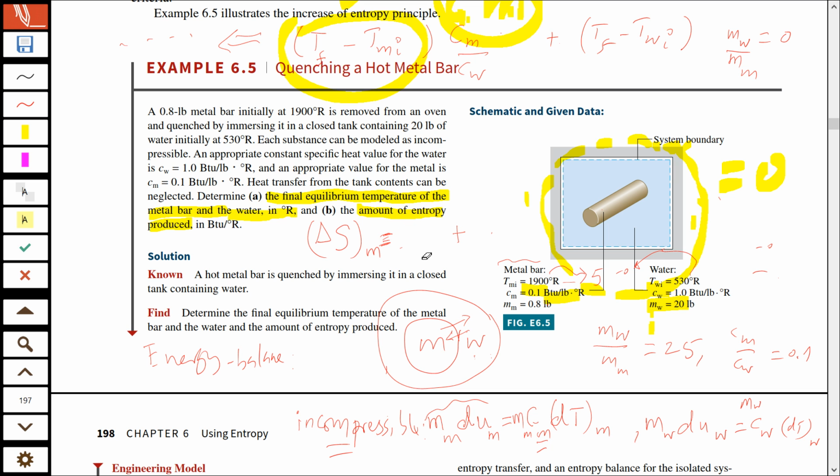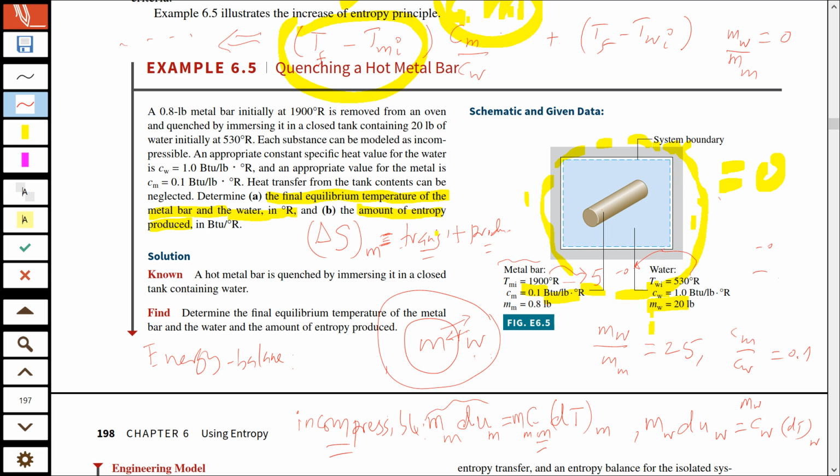So it will simply be Q over T. But there is a lot of detail, so we don't need to go into that. We just write here that there will be some transfer plus some production.